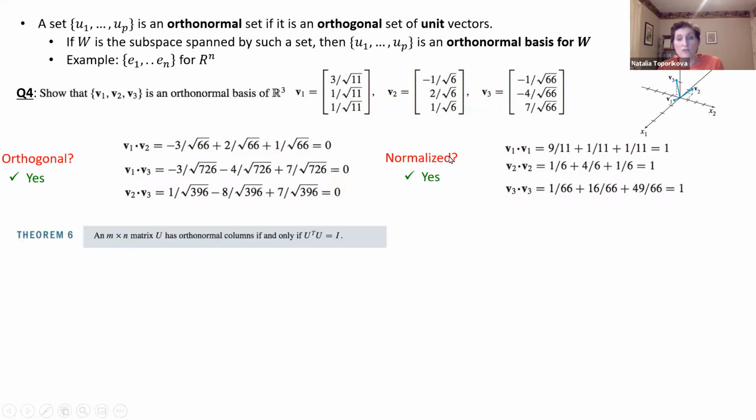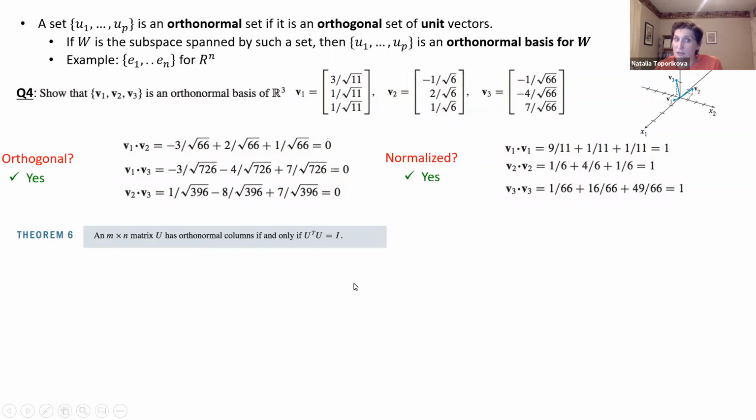So what's so special about them? The matrix formed by an orthonormal basis has very interesting properties. This matrix is usually denoted by U, and its columns are our orthonormal basis vectors. First, if we take this matrix U and multiply it by its transpose, we should get an identity matrix.